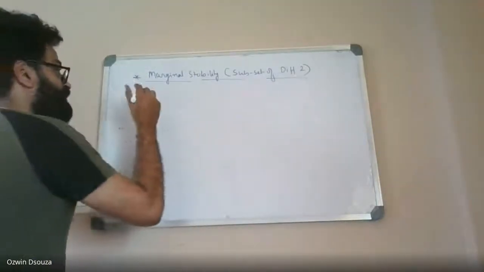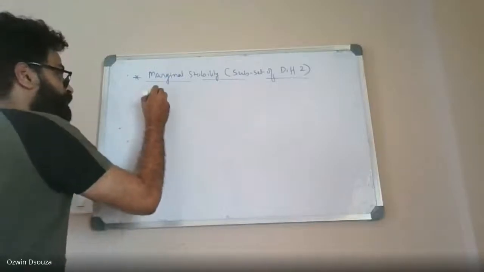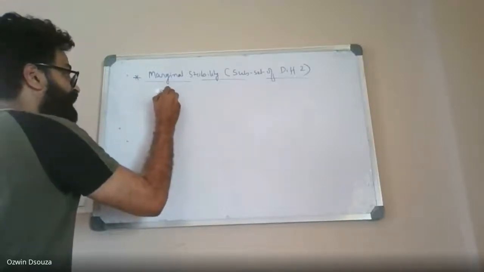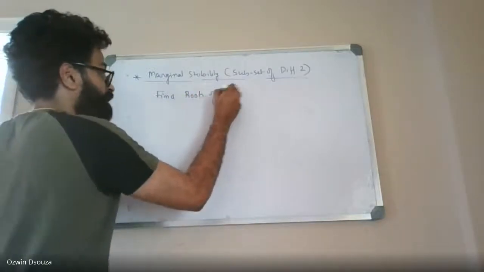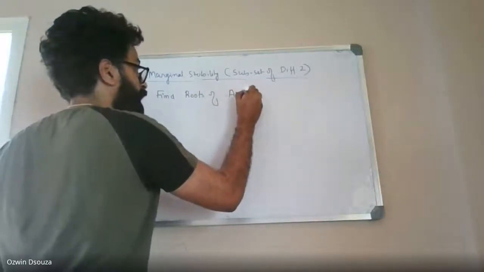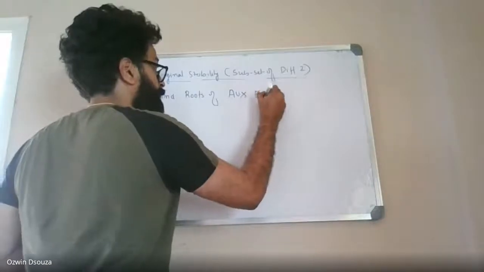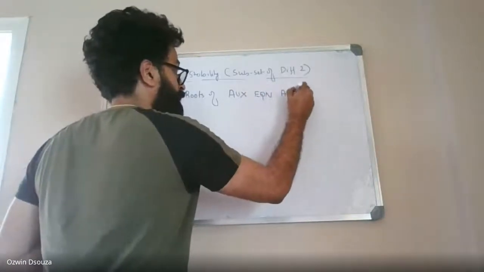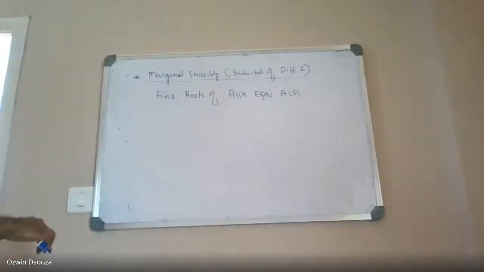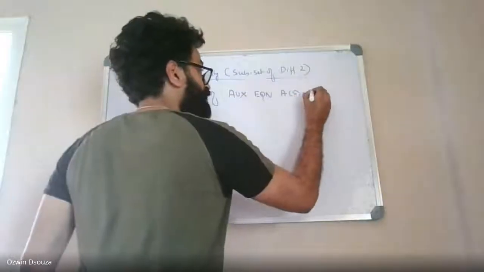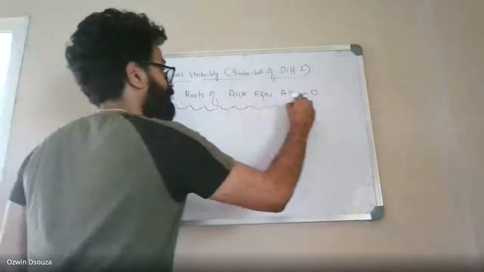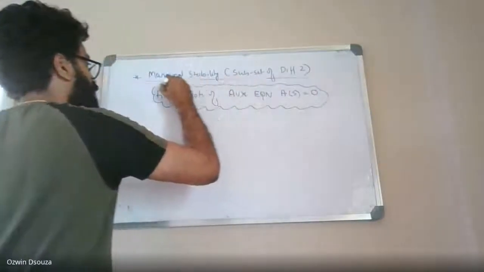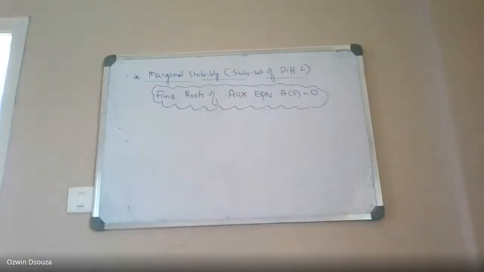To judge the marginal stability, you have to find the roots of the auxiliary equation.